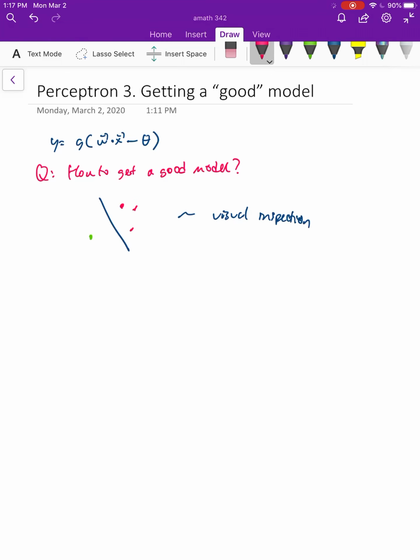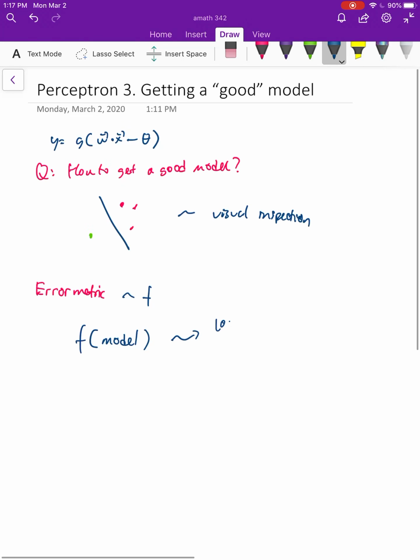The lingo would be an error metric, whereby if the error metric is f and I pass in my model, it would spout out a number. If it gives a very high number, like 1000, this means error is high, your model sucks. Or if it gives 0, then that means you have classified all the training points correctly, and so you say the model is good.